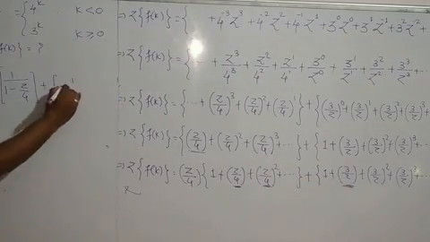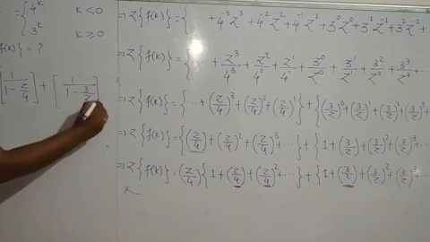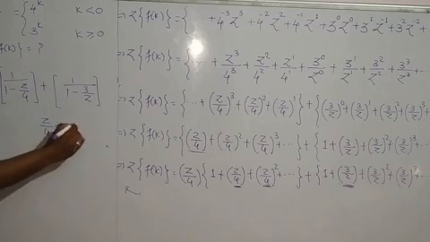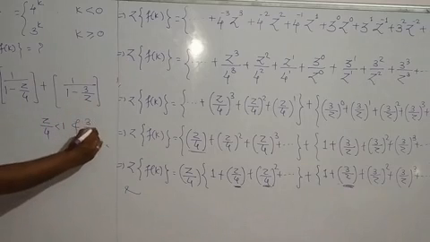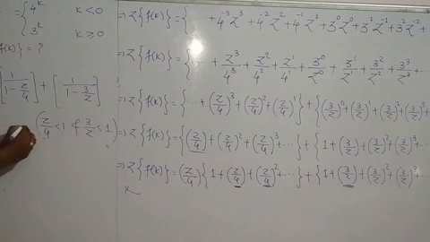So it will become 1 upon 1 minus 3 by z. Now for both, the radius of convergence is different. For this one, the magnitude of z by 4 is less than 1, and for this one, the magnitude of 3 by z is less than 1. Okay, so these are the radii of convergence.